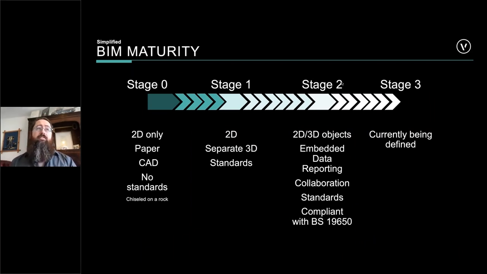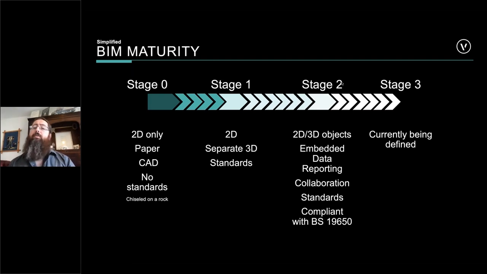So if you haven't done anything to do with BIM, then you've got 2D only, paper, CAD, no standards at all. You're just drawing stuff, essentially. Stage 1, sort of, you're using 2D and separate 3D. You probably do have standards, although not always. And that's where most people fall.